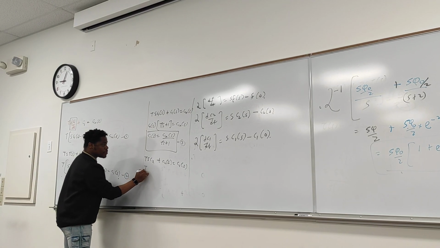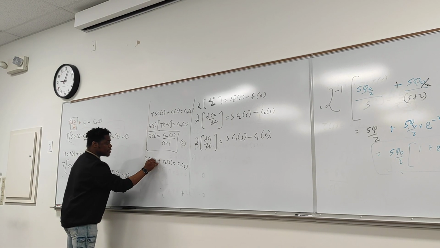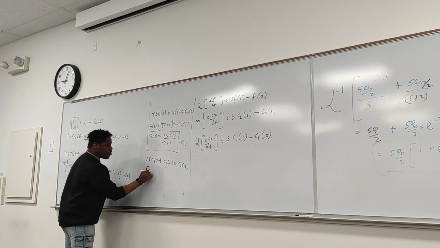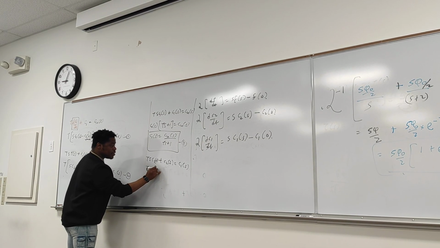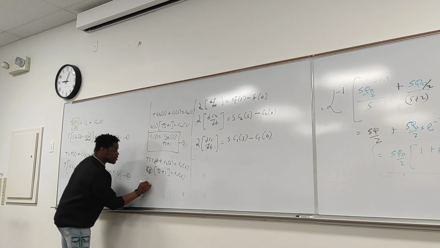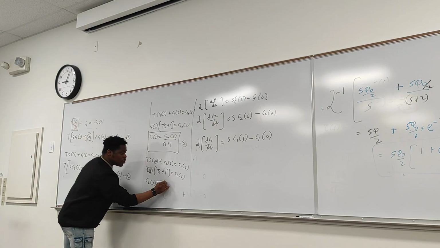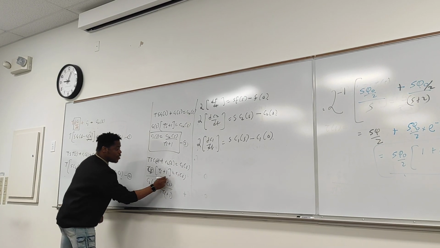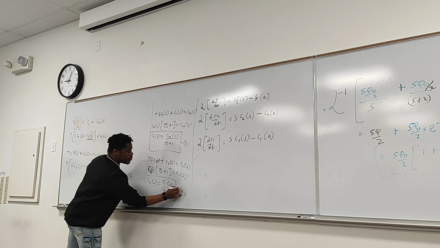So C2 of S times (tau S plus 1) is C1 of S. So our C2 of S becomes C1 of S over tau S plus 1. We can call this equation 4.